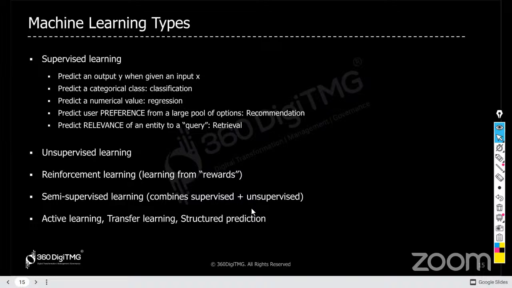And you have the next one, that is active learning, transfer learning, and structured prediction. What is this one? This is nothing but using pre-trained models. What do you mean by pre-trained models? There are a lot of pre-trained models that we work on in deep learning or neural networks.